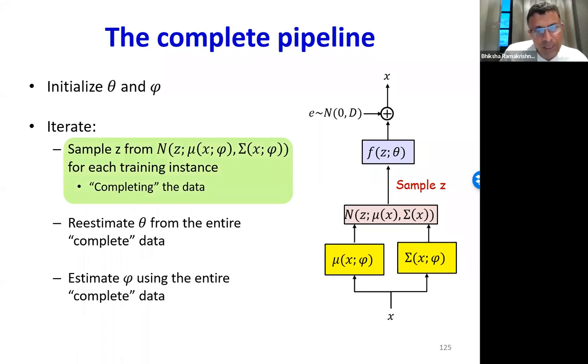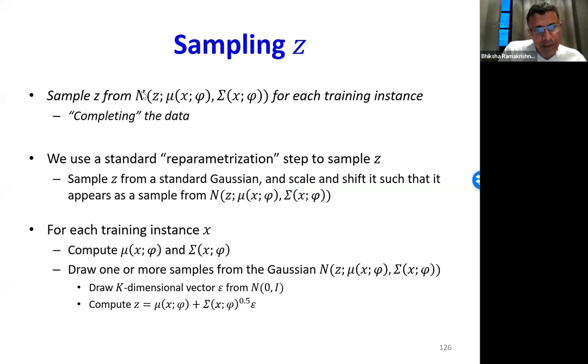So how does one sample from this Gaussian? This Gaussian has a mean mu of X and a variance sigma of X. And so we're going to use a standard reparameterization trick to sample the Gaussian. We all of us know how to write code to draw Z from a standard Gaussian. So what we will do is I will draw some epsilon from a standard Gaussian.